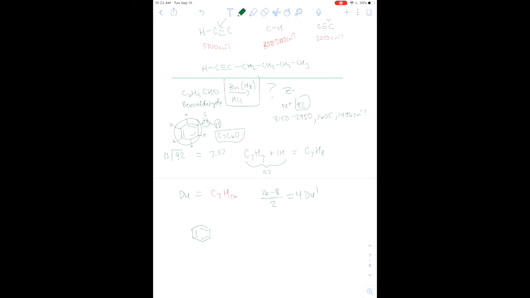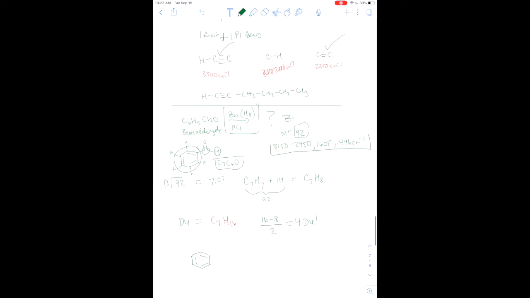But if that's the case, we have 4 degrees of unsaturation, and what we also need is to look at the IR spectrum, right? So 3150 to 2950. Let's take a look at our chart up here.